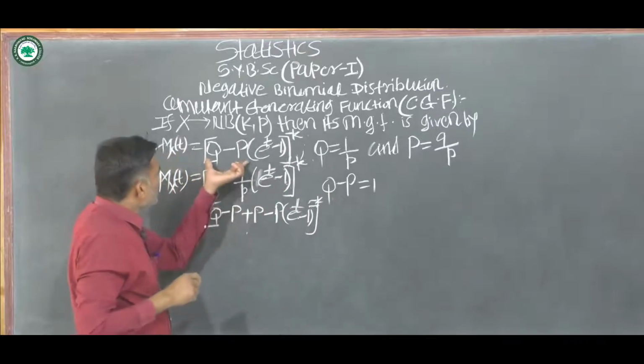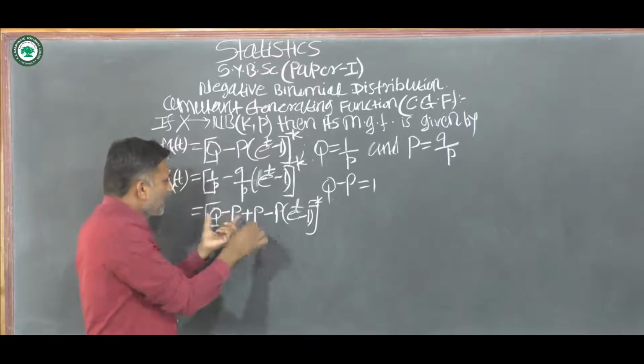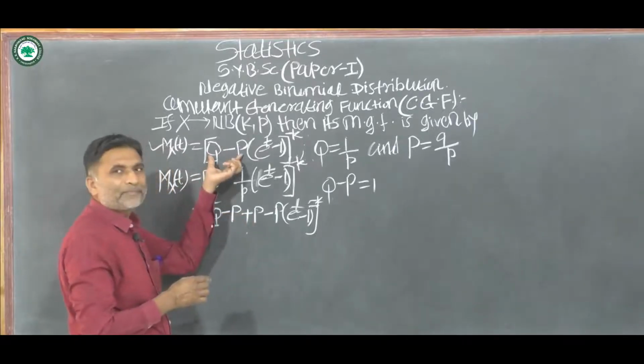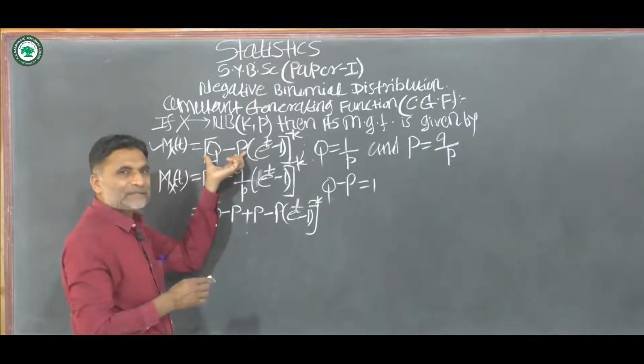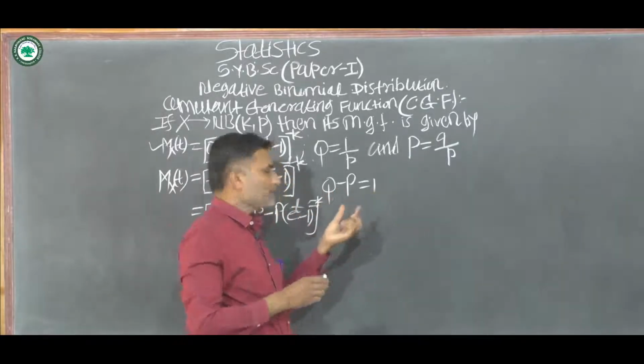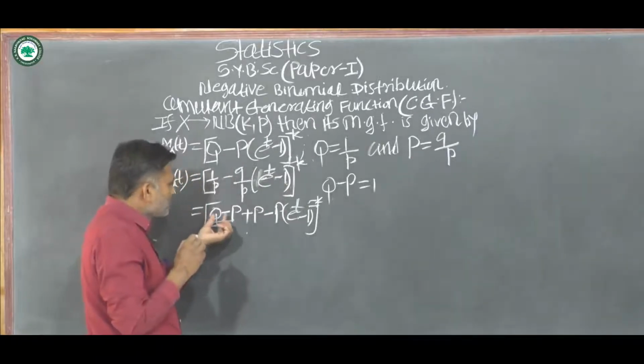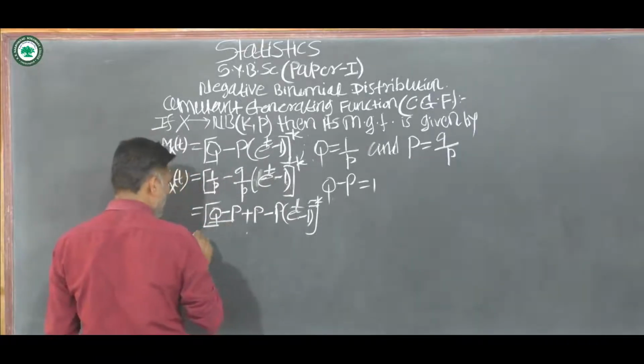Here we subtract capital P and add capital P in this form, so the form remains the same. Now we know that Q minus P is equal to 1, so we put Q minus P equal to 1.